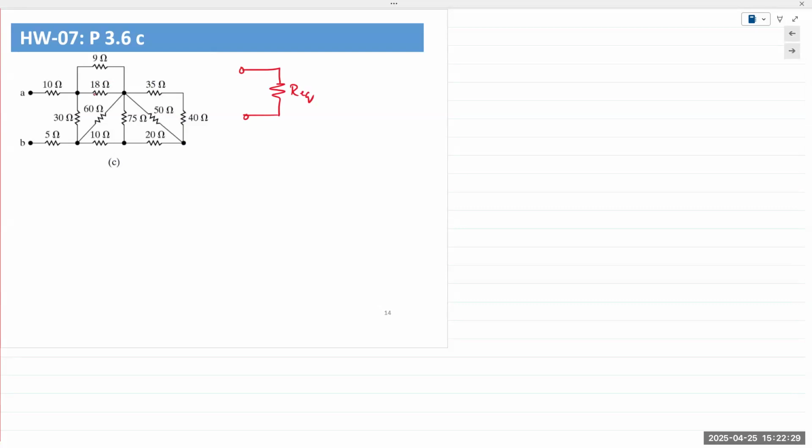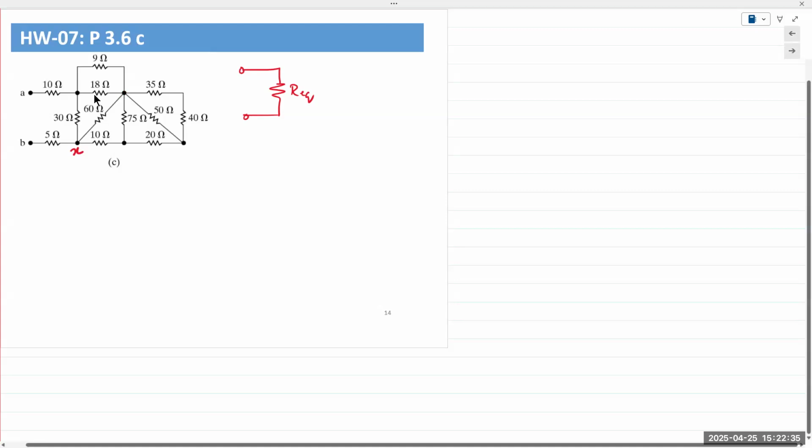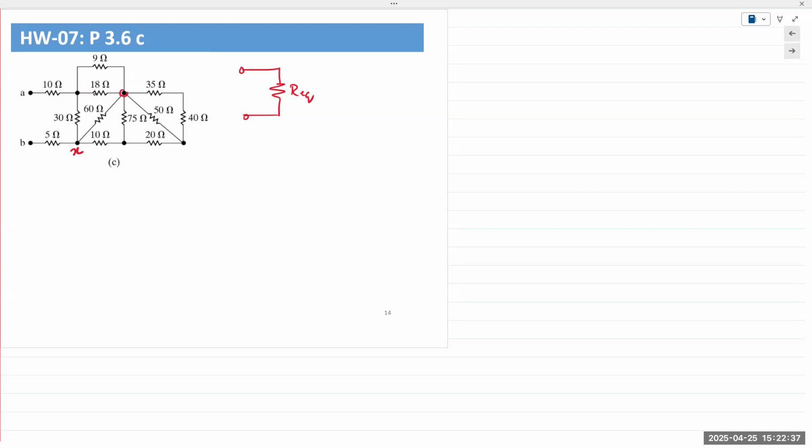Let's mark these three nodes as X, Y, and Z. So which node would you choose first to stretch out, and how? Left or right?